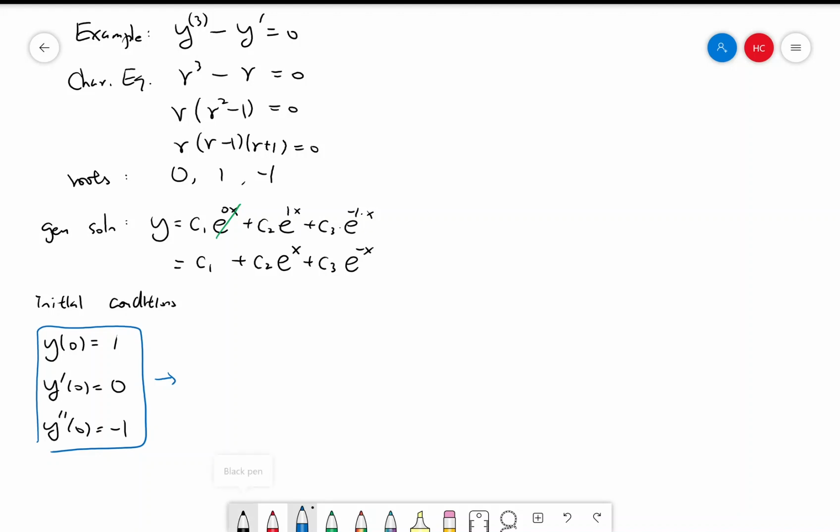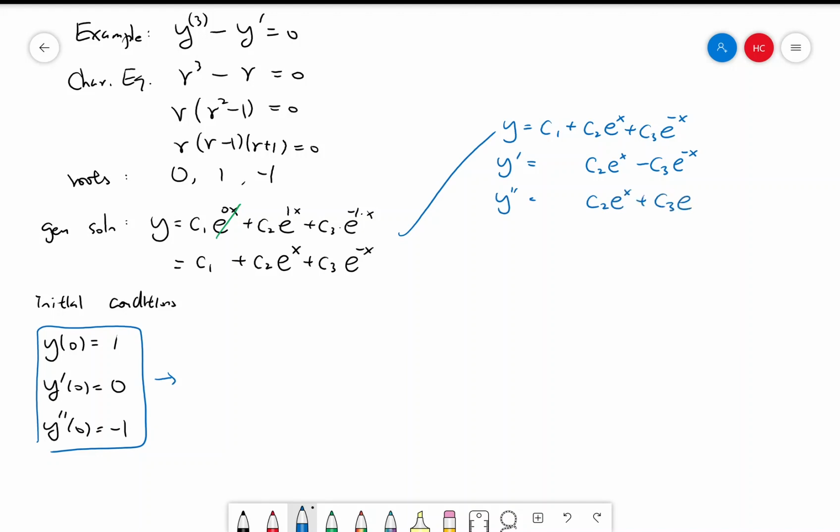So we need to first find out what y prime and y double prime is. So y is equal to c1 plus c2 e to the x plus c3 e to the negative x. So y prime is equal to, the constant goes away, so c2 e to the x minus c3 e to the negative x. And y double prime is c2 e to the x plus c3 e to the negative x.